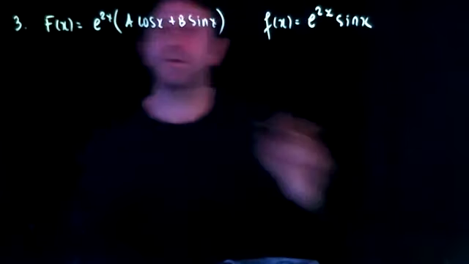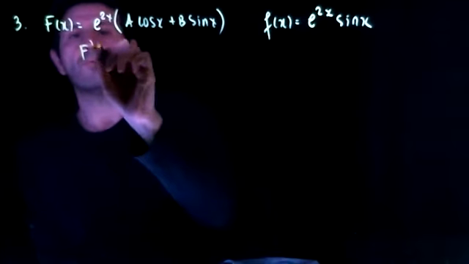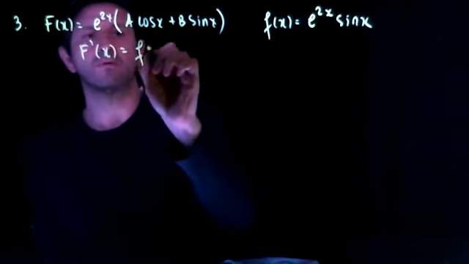So they want a and b. They're telling you F prime of x is equal to small f of x.